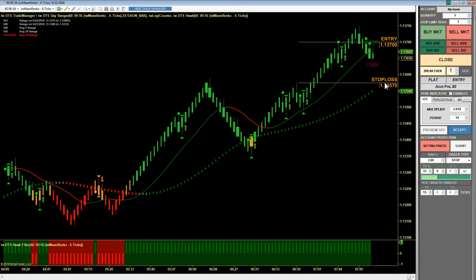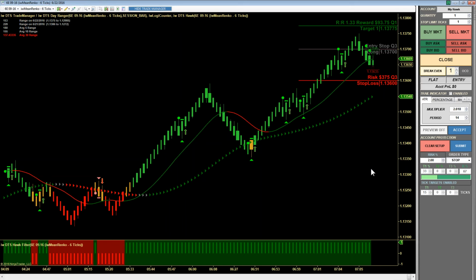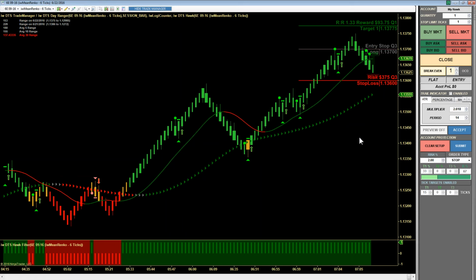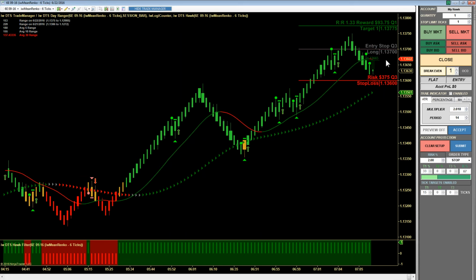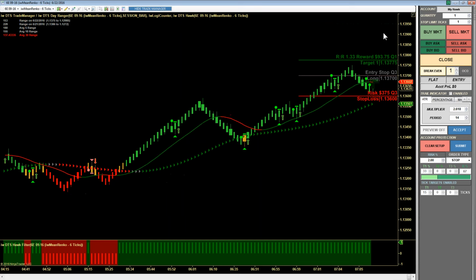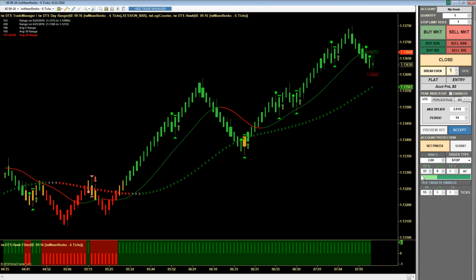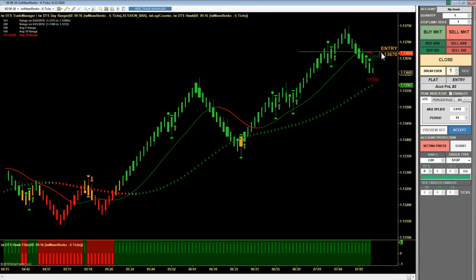So let's say I set up the trade like this, where I have 3 contracts, and you can see that a third of my position will come off at 15 ticks, and the other 2/3 will be left as a runner. Or if I want it all as a runner, I'd simply change my target 1 to 0%, and now everything will be a runner.